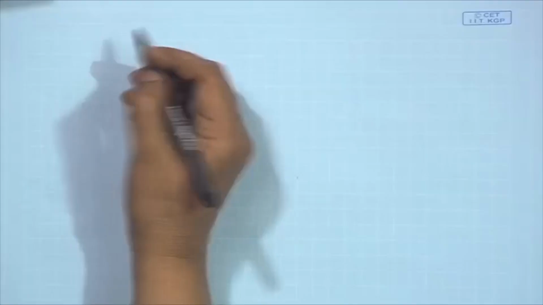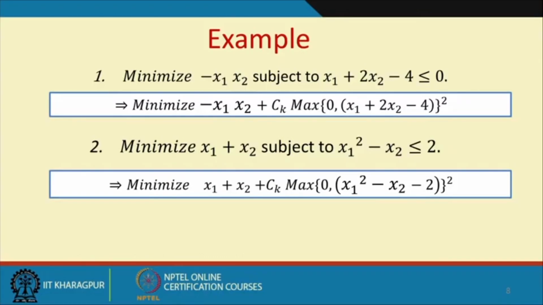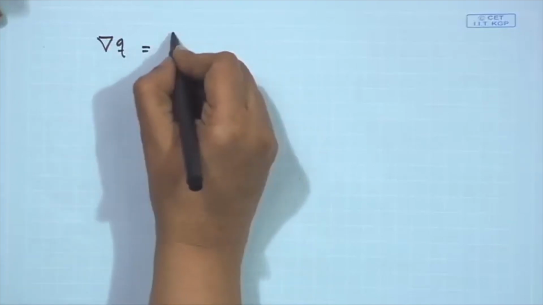Here the function q would be x1 plus x2 plus Ck times the penalty function. Again the same thing, that we can define. Now, if it is in the feasible space, that would be 0. If it is not in the feasible space, then it will be the corresponding (x1 square minus x2 minus 2) square. Now, let me find out the gradient of the function q.